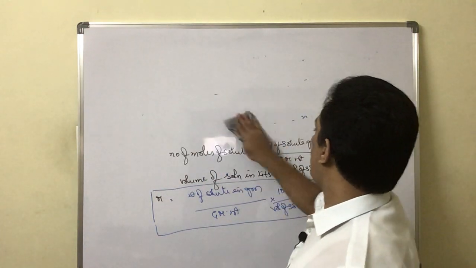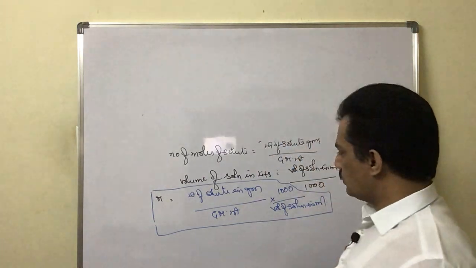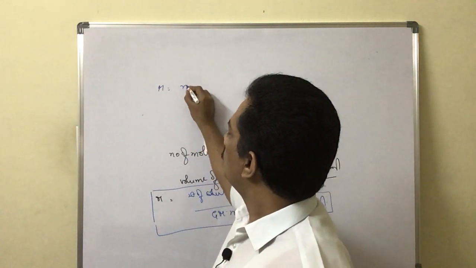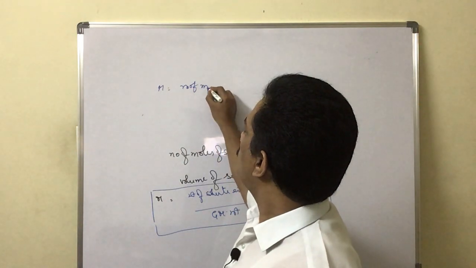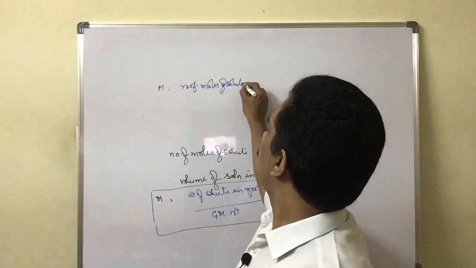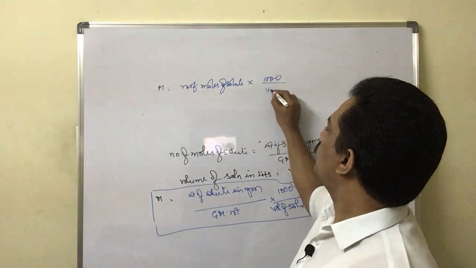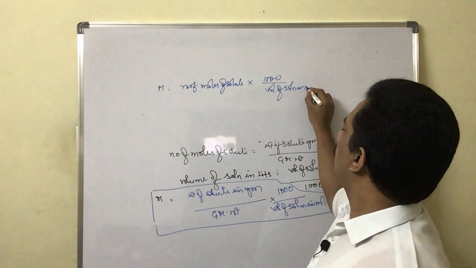Weight of solute by gram molecular weight is nothing but the number of moles. So molarity is equal to number of moles of solute into 1000 by volume of solution in ml.